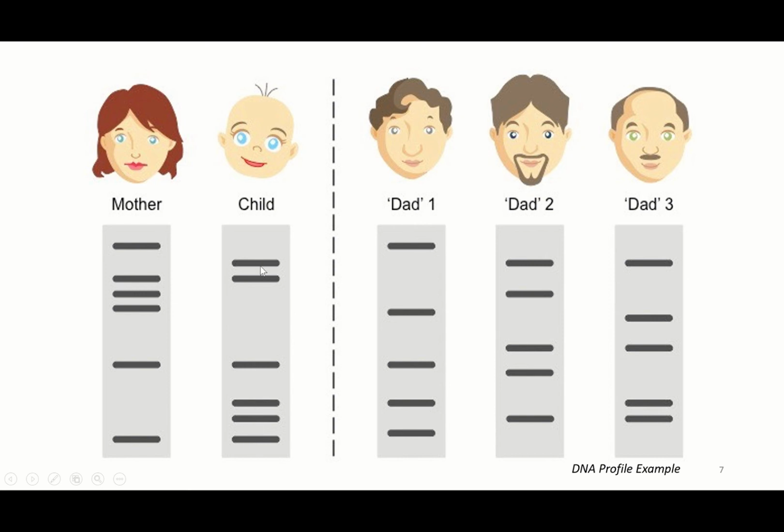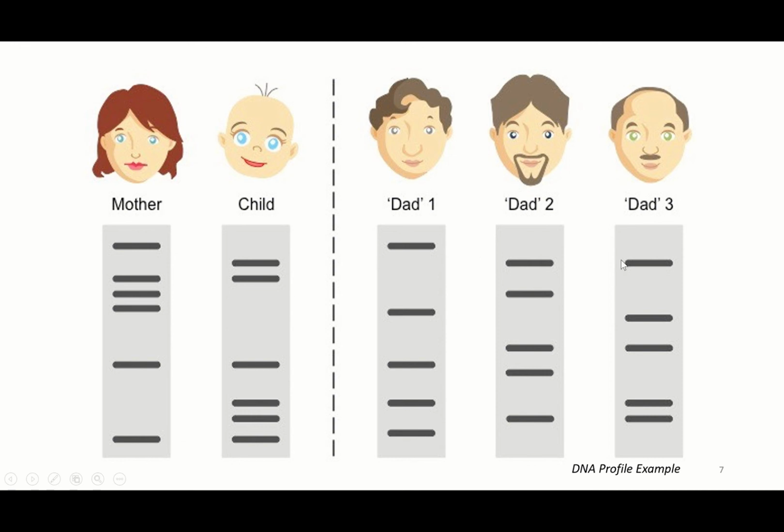Out of these 6 strands, about 3 strands will occur in the mother, and about 3 other strands will occur in the father's DNA profile. So we just look at each strand and match up with the mother. So mother, child, here's one, and there's the second one, there's the third one.